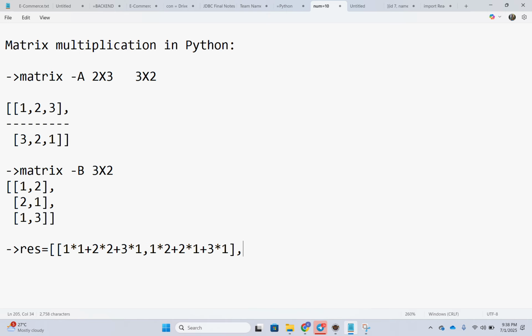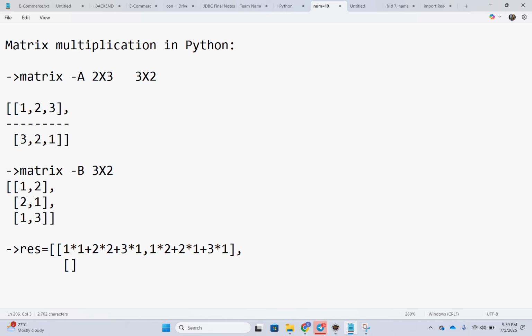And the second row: 3 2 1. This 3 will be multiplied to 1, 2 will be multiplied to 2, and this 1 will be multiplied to 1. Again this 3 2 1 will be multiplied with 2 1 3: 3 multiplied to 2, followed by 2 multiplied to 1, and followed by 1 multiplied to 3. So this will be the second row of the resultant matrix.